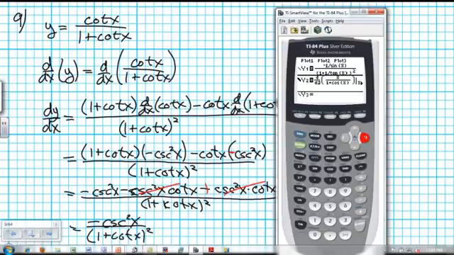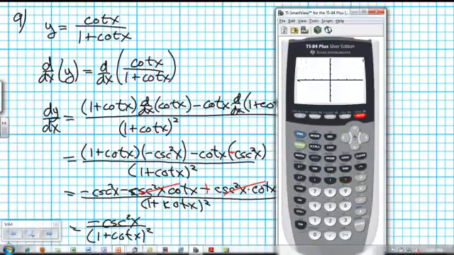Now down here, I want to put in my original function. Let's clear that out. 1 divided by tangent for my cotangent. And on the bottom, 1 plus 1 divided by tangent. And that should do it.